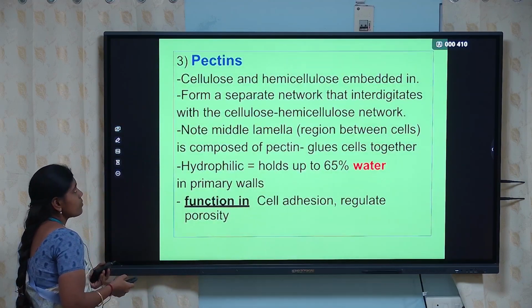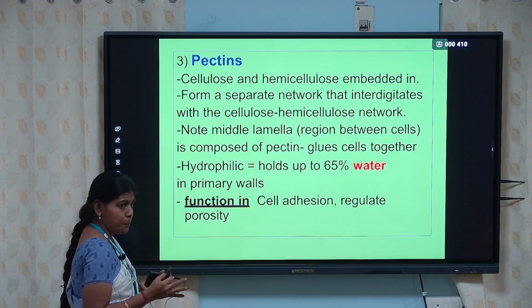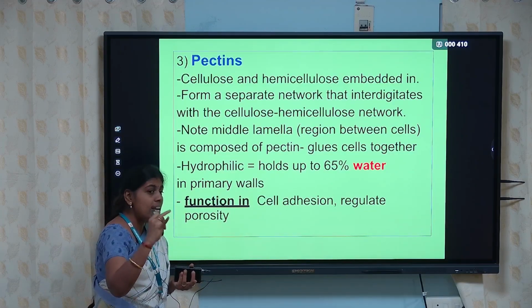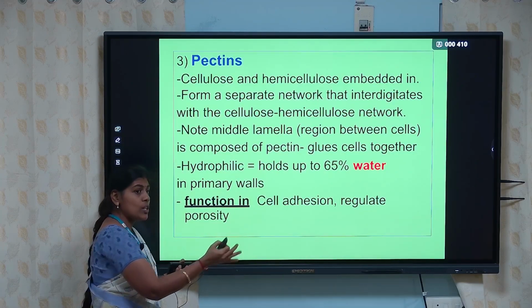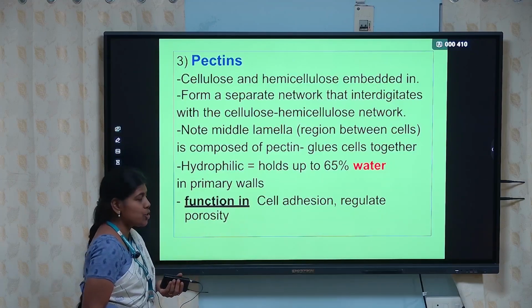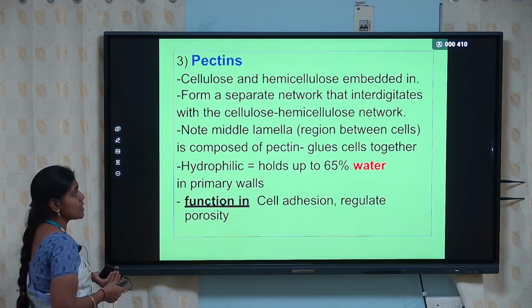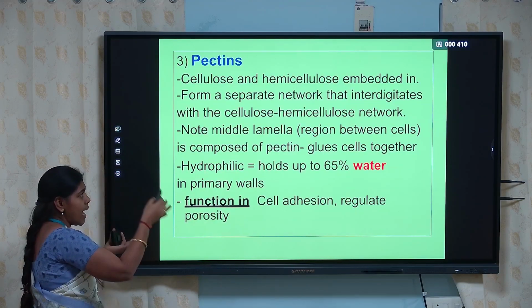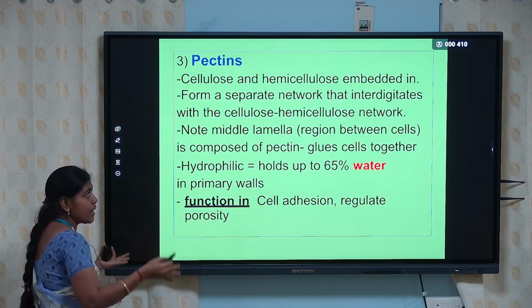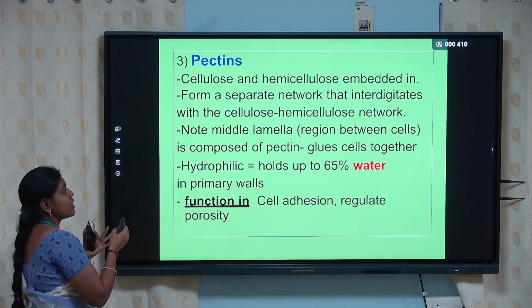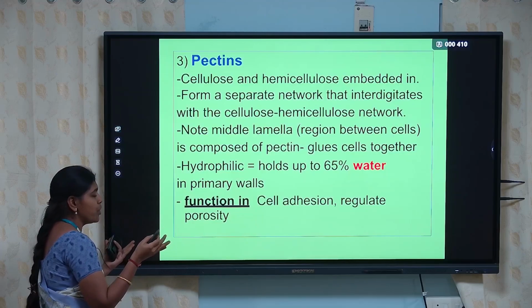Okay. And the next, third component is pectin. The first one is cellulose, the second one is hemicellulose, and the third component is pectin. Cellulose and hemicellulose are embedded in that and form a separate network that integrates with the cellulose hemicellulose networks.